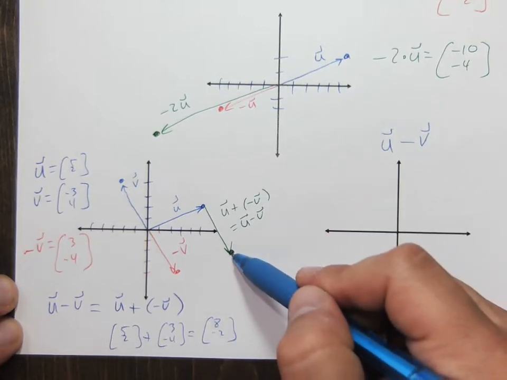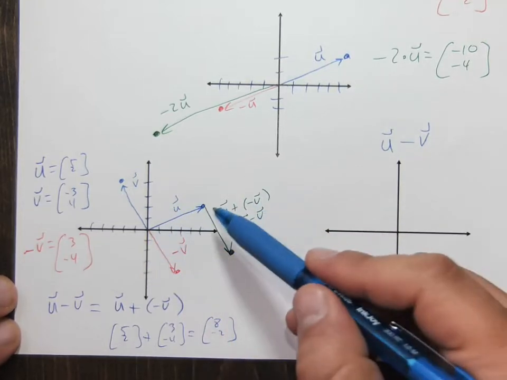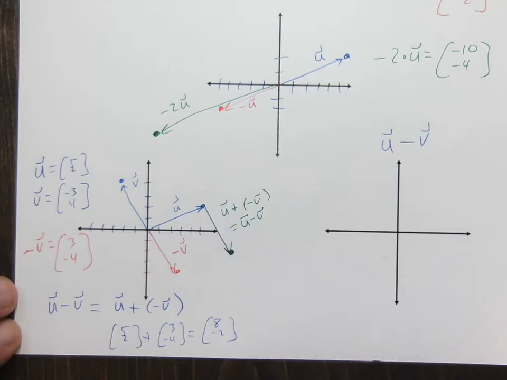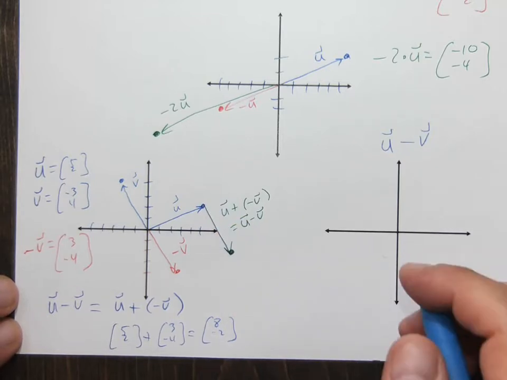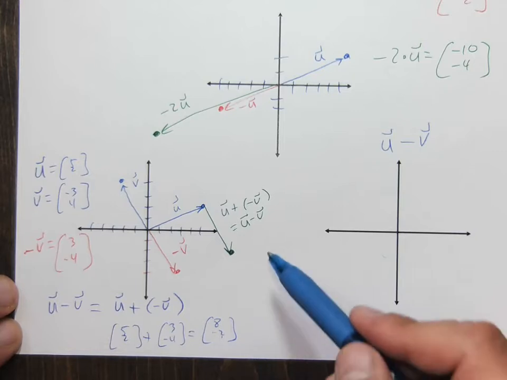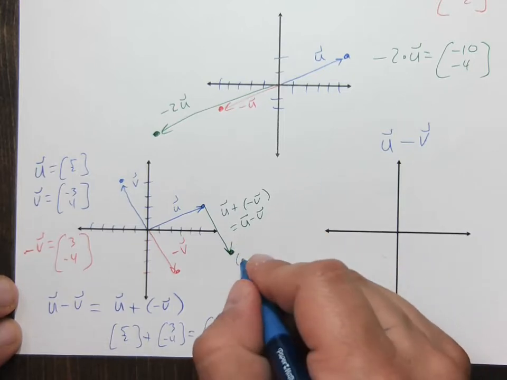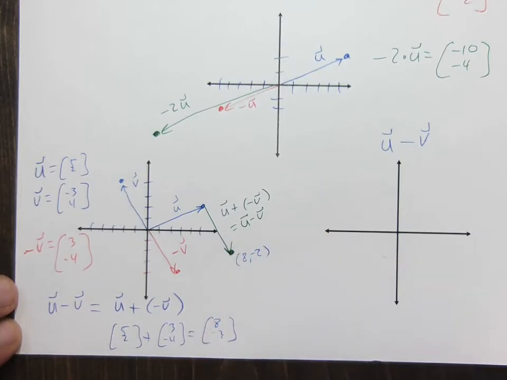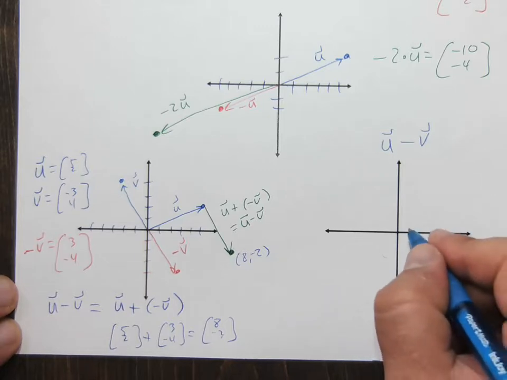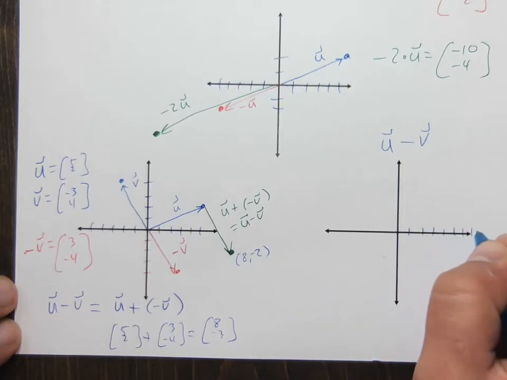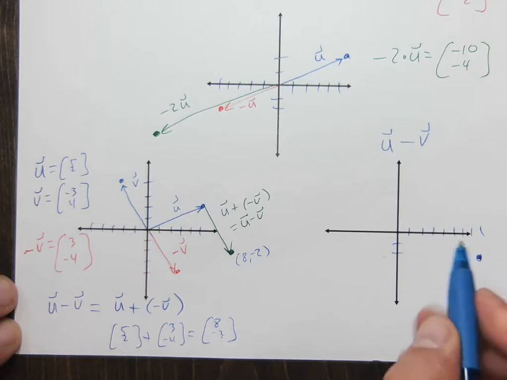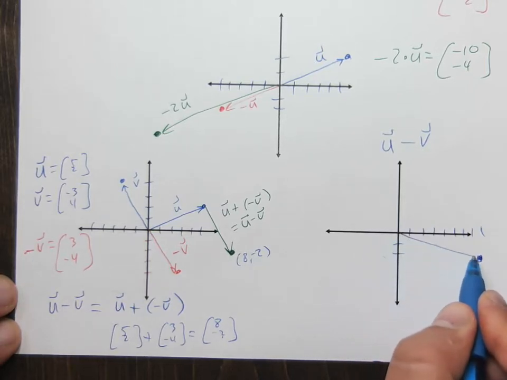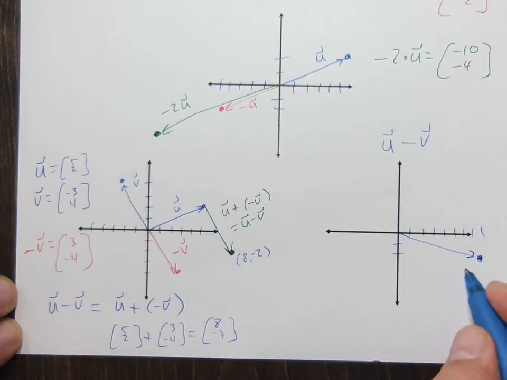And that's approximately where that is. I didn't do the best job of copying things over. I think that line's not quite straight, and maybe it's a little too long. But that's the general idea: the point 8, -2, which is approximately where that point is right there, is the point u minus v. And if we wanted to draw it over here, we go out to 8, -2, and then draw the vector out to that point. That would be the value u minus v.